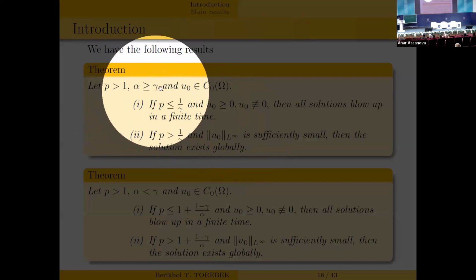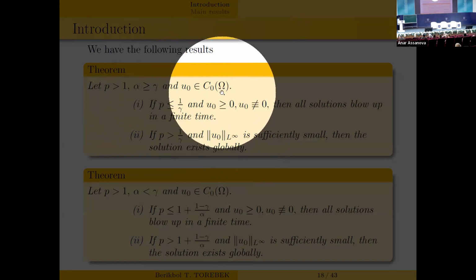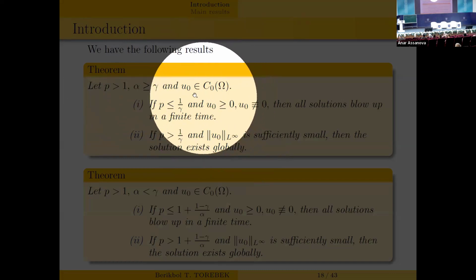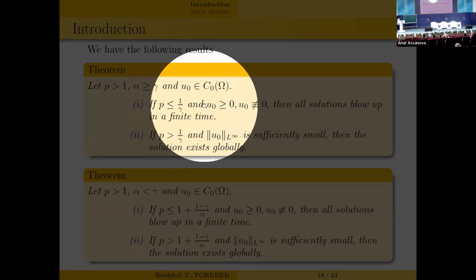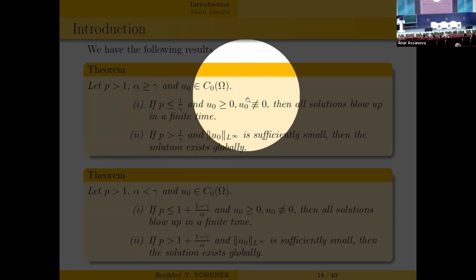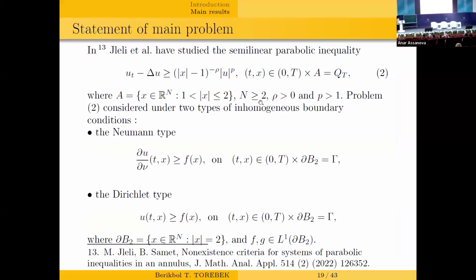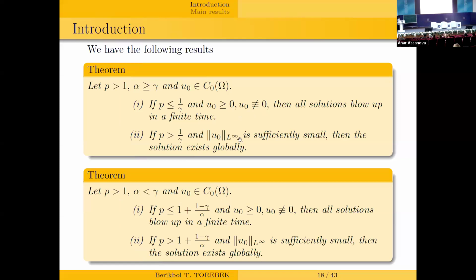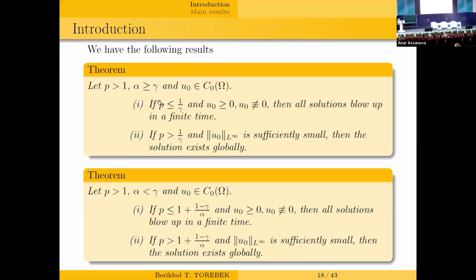Suppose that alpha is greater than gamma and u0 is from the space C0 with compact support. If p is less than 1 divided by gamma, and the initial function is a non-negative and non-trivial function, then every solution of our considered problem blows up in finite time.